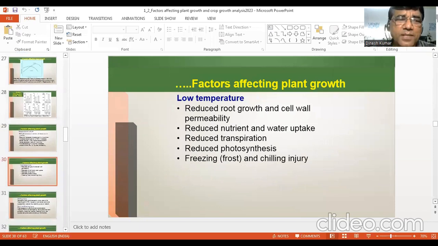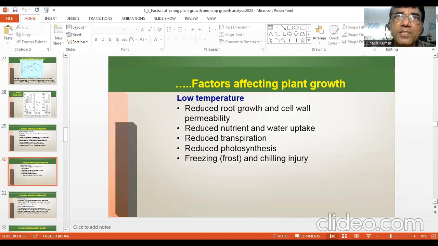Now, there can be two extremes of temperature. One can be high temperature. If you have too high a temperature above the optimum, it will increase respiration, it can stop protein synthesis, and it can reduce or stop photosynthesis also. So extremes of temperature are not good. Suppose it is on the lower side. Then root growth is reduced and cell wall permeability is also reduced.